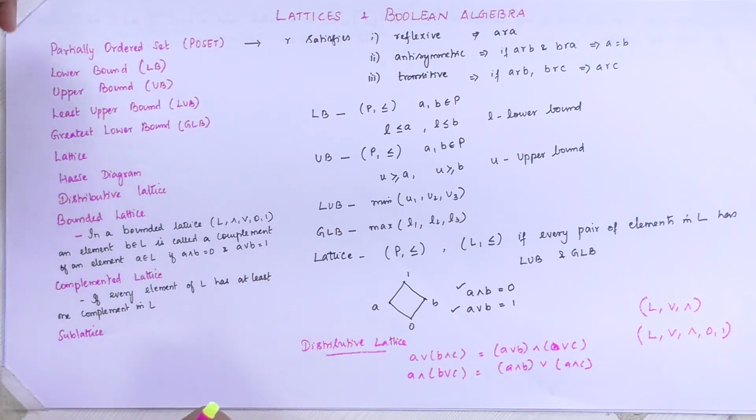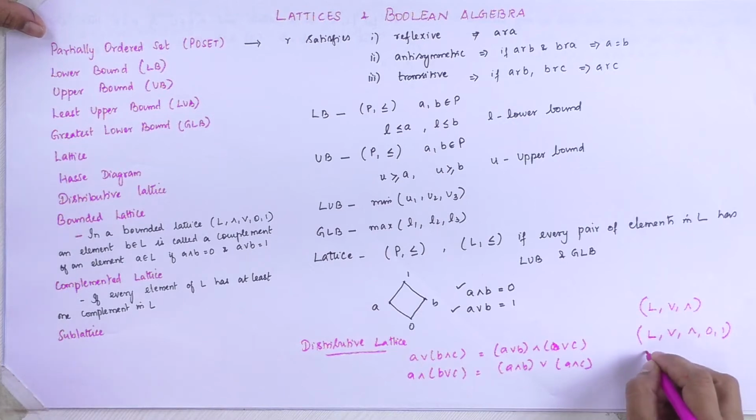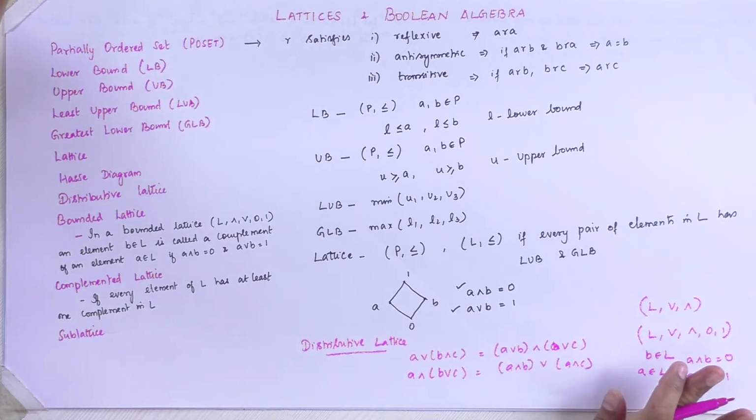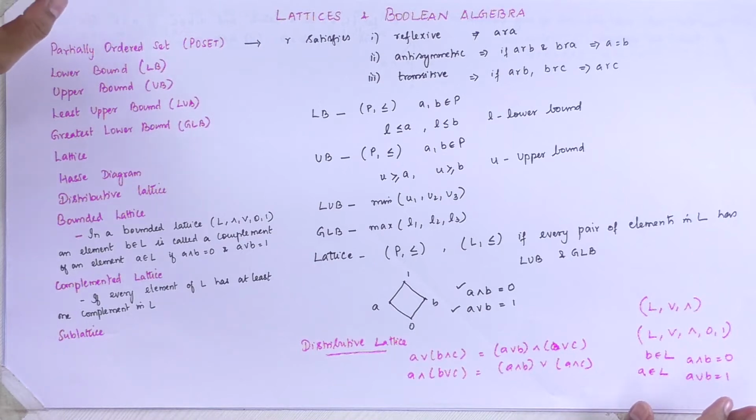So, suppose there is an element B belonging to L, and this element B will be called a complement of A in the lattice L if it satisfies the condition A and B equal to 0, A or B equal to 1. Then I will call A a complement of B.